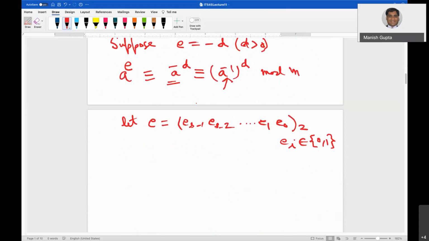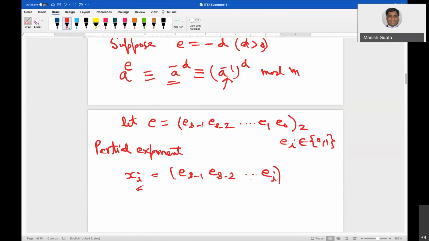In fact, we will need another thing, what is known as partial exponent. So partial exponent we define as xi. It is starting from Es minus 1, Es minus 2 up to Ei. You note that this i means up to component i here in binary 2.